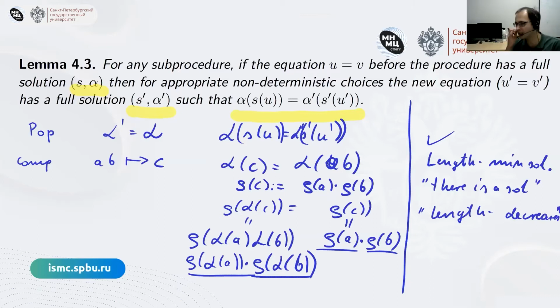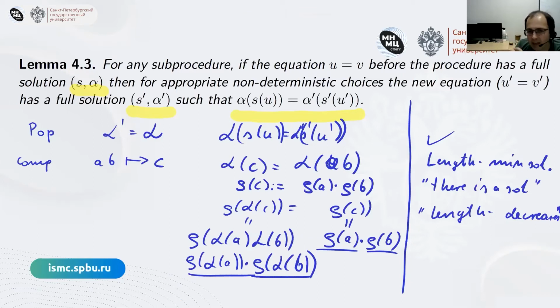And this was the only thing that we were interested in, because we preserved the solution, and in the end we were able to tell whether the equation was originally satisfiable or not. And since we decreased the length of the length minimal solution, we couldn't loop during the algorithm.